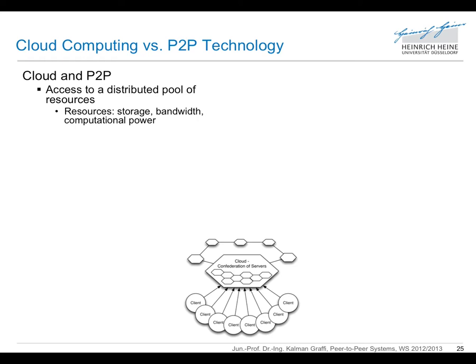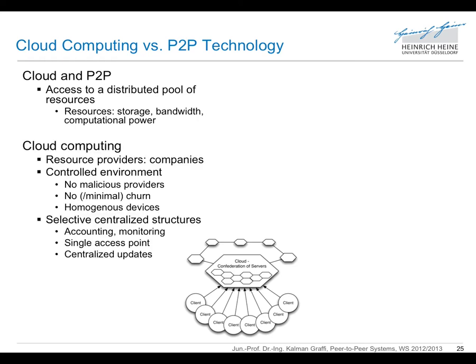Also the cloud we have, just as a comparison. What's good? Okay, we have a distributed pool of resources, so we don't have one server anymore, but more a big bunch of servers in a pool. And internally, in these server farms, they also use some protocols that came from peer-to-peer networking.